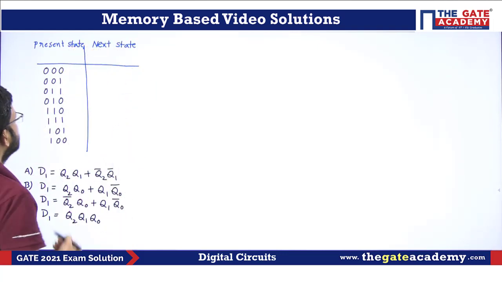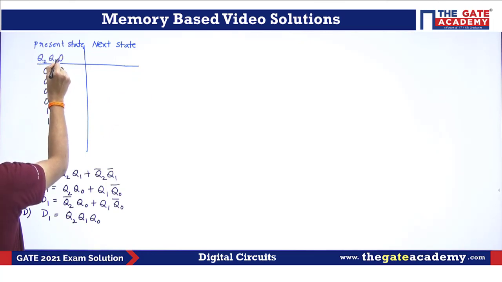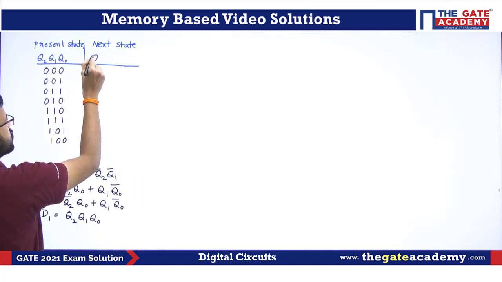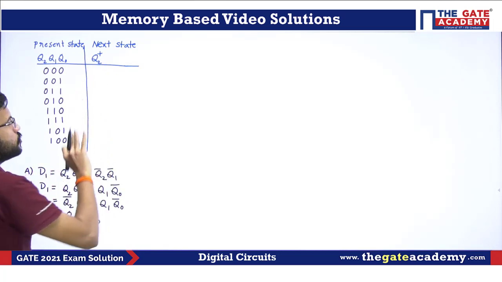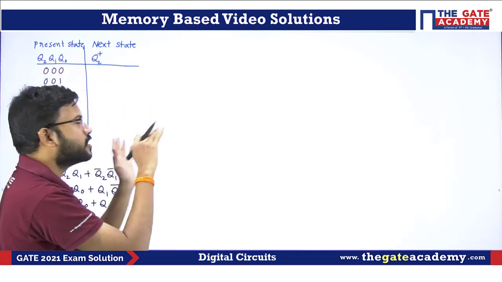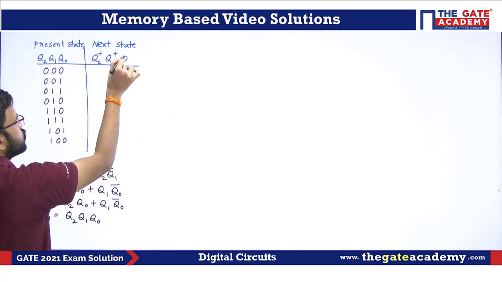Here you can assume Q2, Q1, Q0. If this is the present state, the next state will be Q2 plus, Q1 plus, Q0 plus, or you can assume Q2 of t and Q2 of t plus 1.